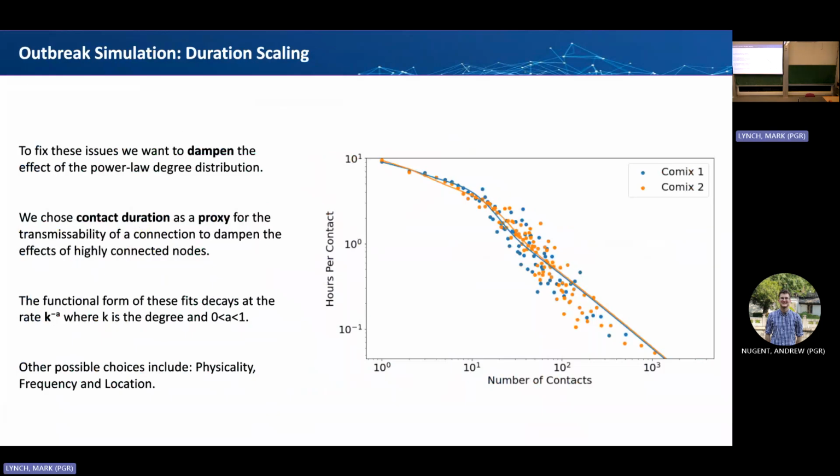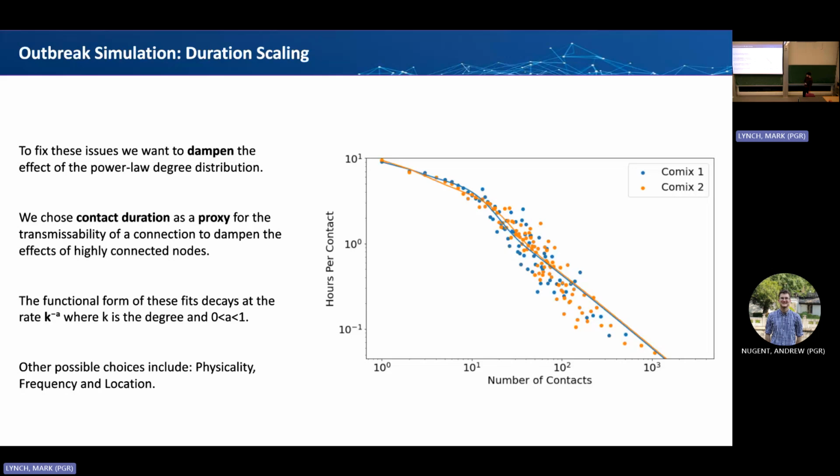We said that we need to actually think about the disease itself. So if we have a COVID-like disease that passes through the air, the amount of time and the physicality and how close you are to the person that you're in contact with matters. And so far we hadn't really been modeling that.